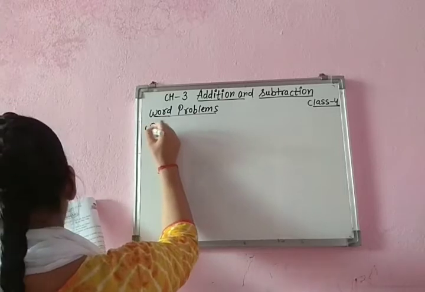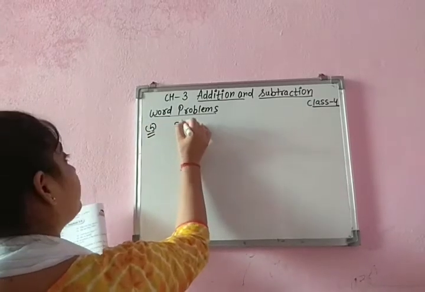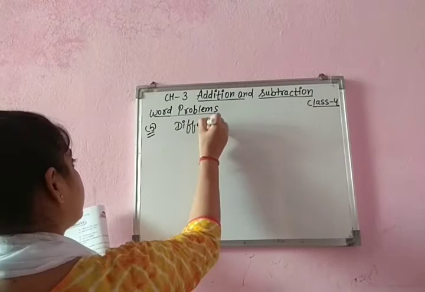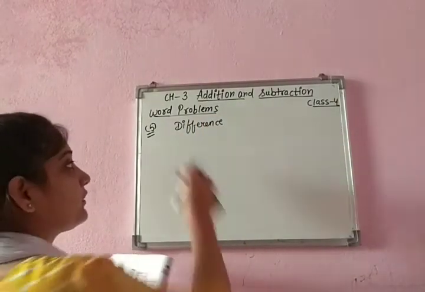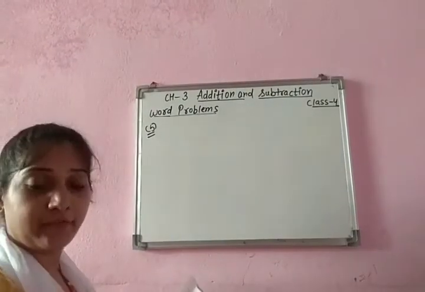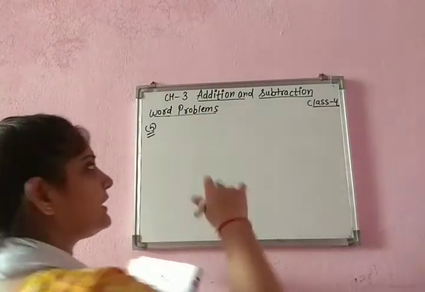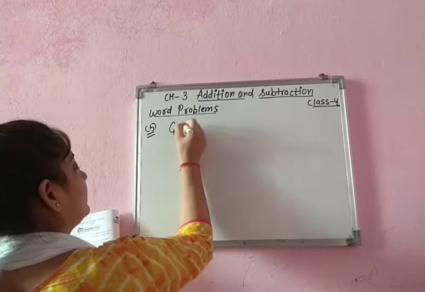Now question number 5, difference of two numbers. Okay, let me write the greater number first because we know from greater we have to subtract the smaller. So I am arranging the number in that way.